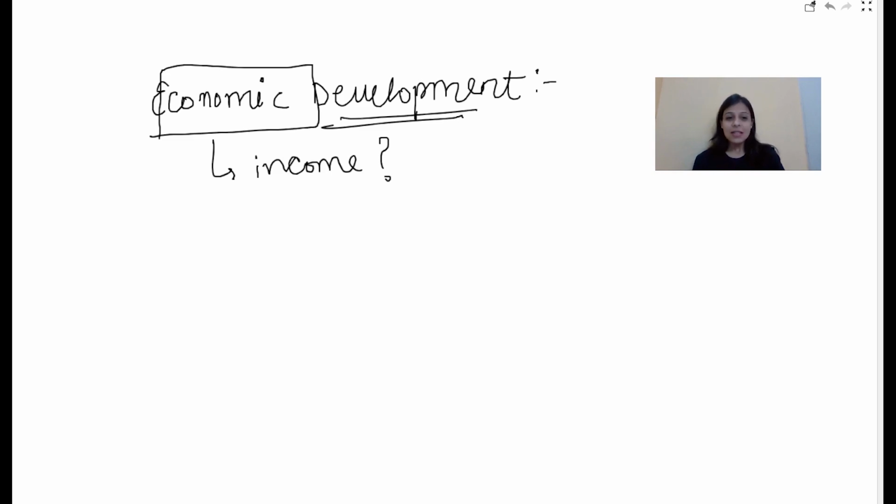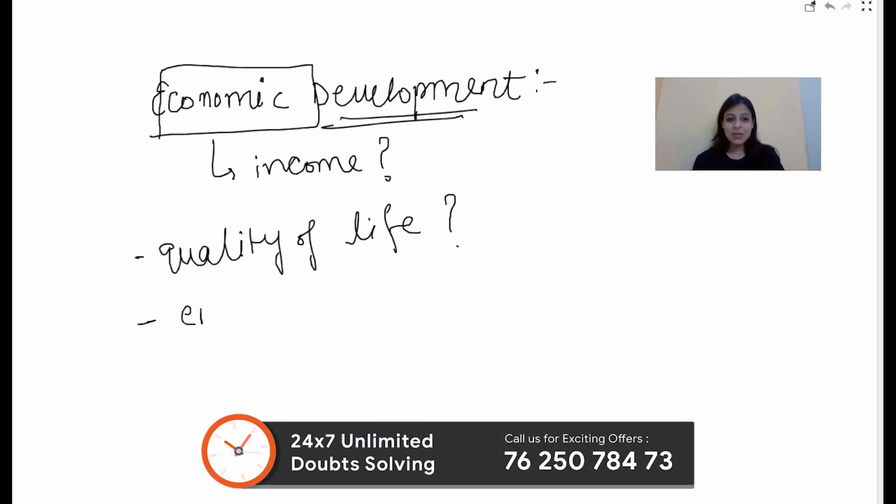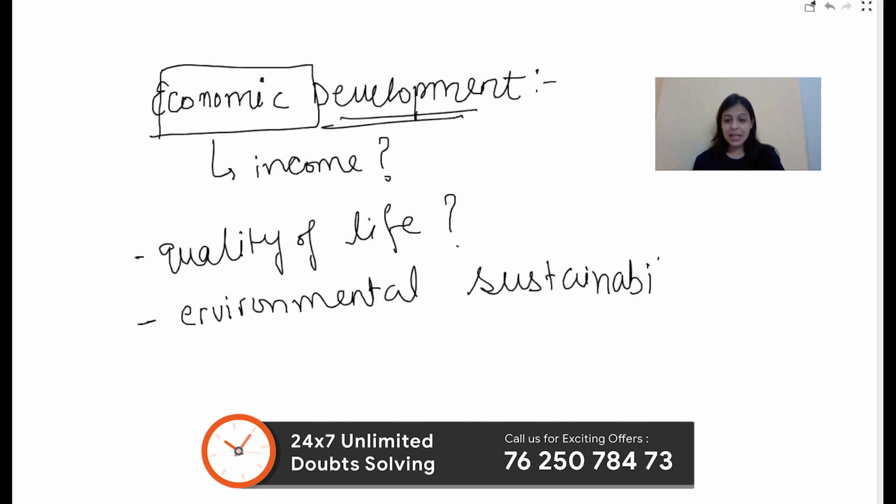So, see, quality of life is very, very important. Does the income parameter take into consideration the quality of life? Does it take into consideration environmental sustainability?